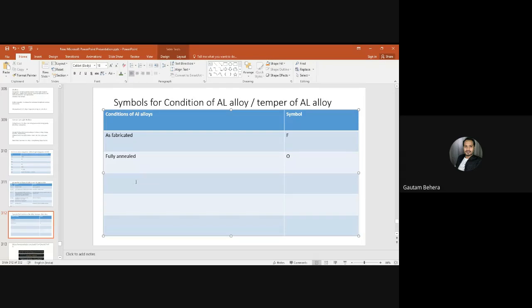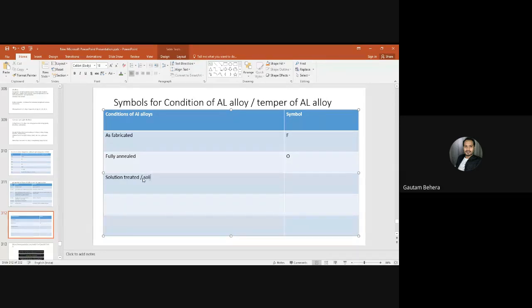Then suppose you want solution treated aluminum alloys. That is W. Sorry, solution heat treated, or solutionized.